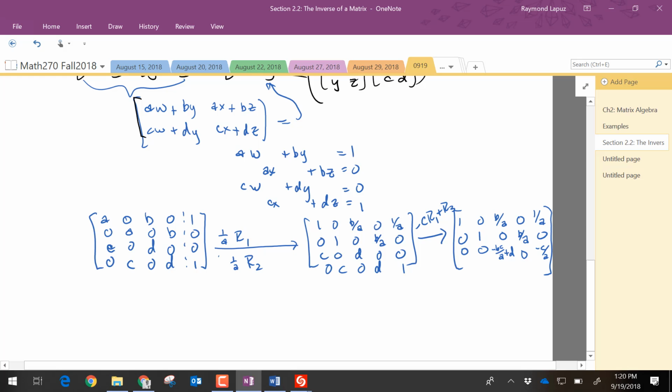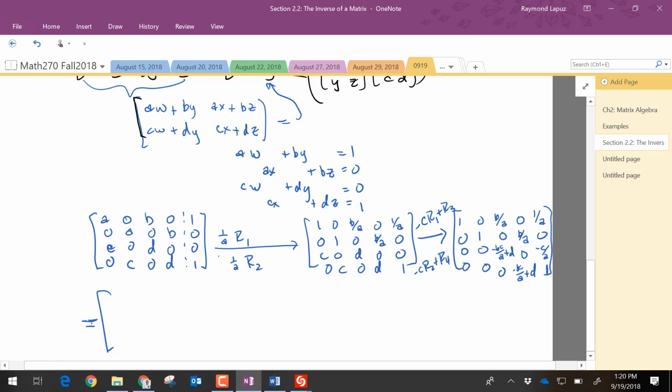And then I'll do the same thing over here. Negative C times row 2, add to row 4. So 0, and now this is going to become 0, 0, and we're going to get the same expression over here. And then we're going to get a 1 over here at the end. So this is minus BC over A added to D. It might have been good to have rewritten this.